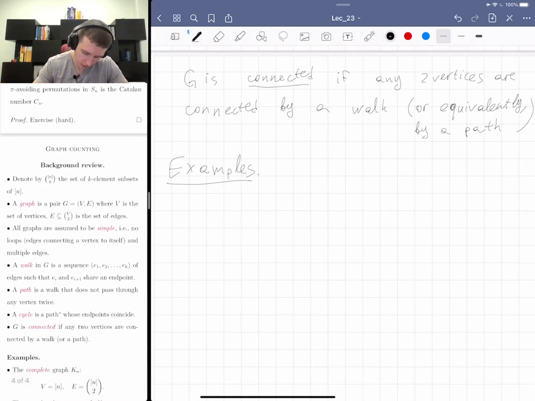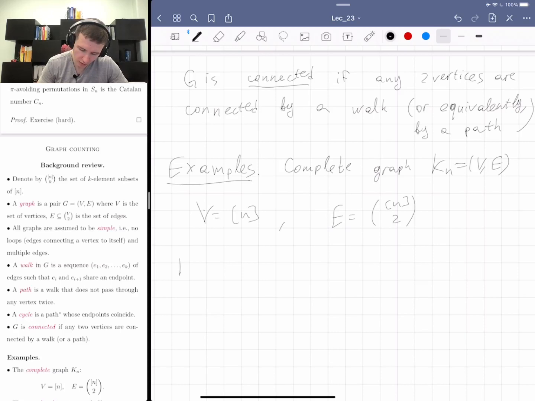The most popular one is the complete graph, which is denoted Kn. So Kn is (V, E), where V is bracket n and E is bracket n choose 2.